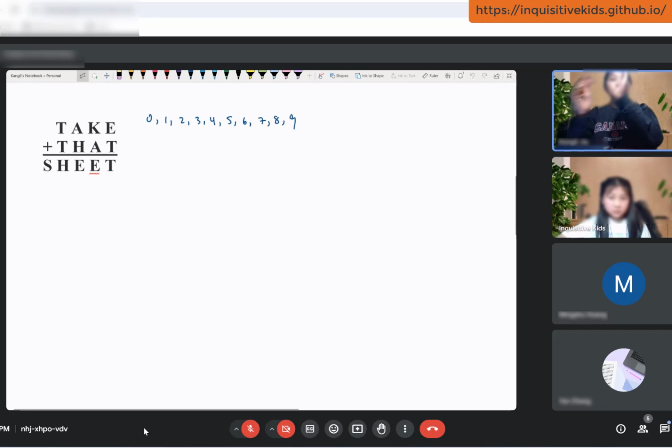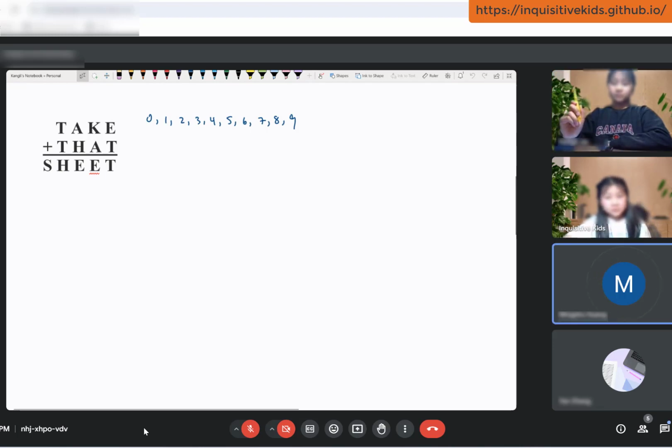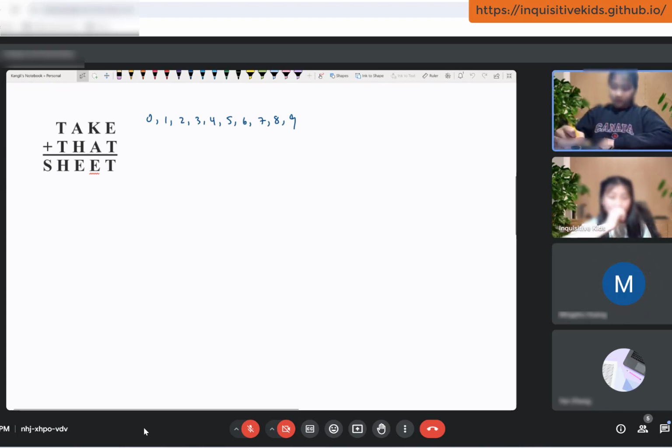Now let's look at the ones place. What can you notice about what's happening in the ones place? Well, we can see that in the ones place, we have E plus T equals T. And we can see that E plus a number still equals that number.